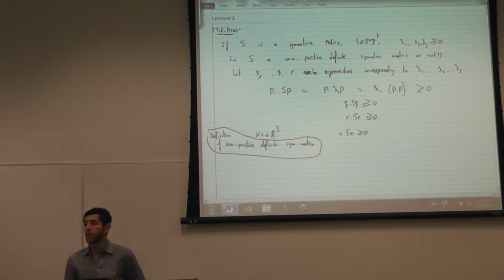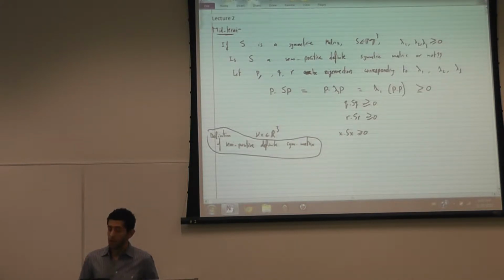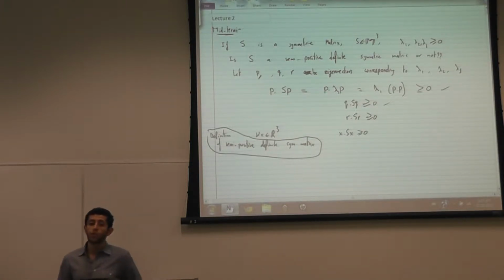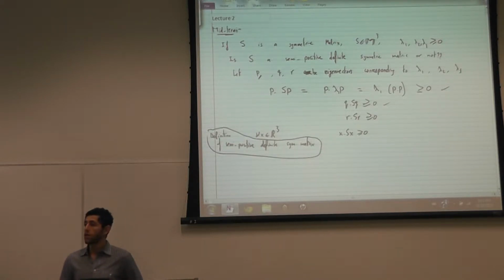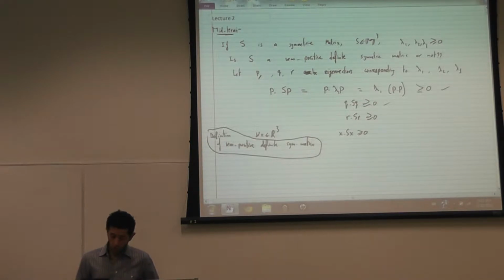Now what you proved is that for 3 particular vectors, which are P, Q, and R, P dot SP is greater than 0, Q dot SQ is greater than 0, and R dot SR is greater than 0. But what you need to prove is that this statement is true for any x, because the definition says for any x.